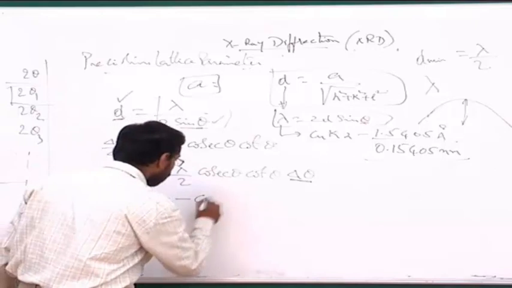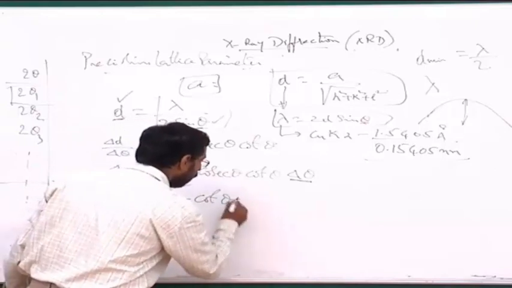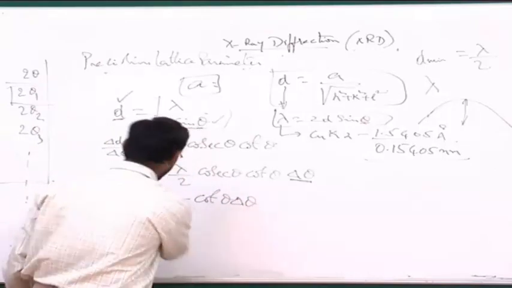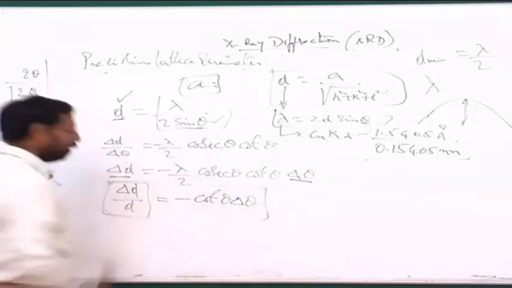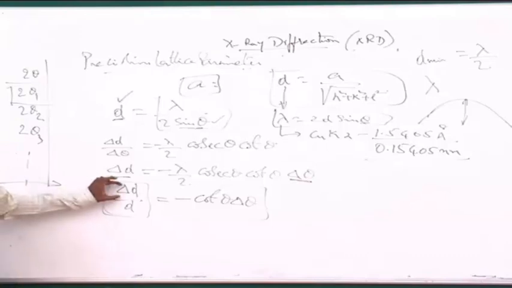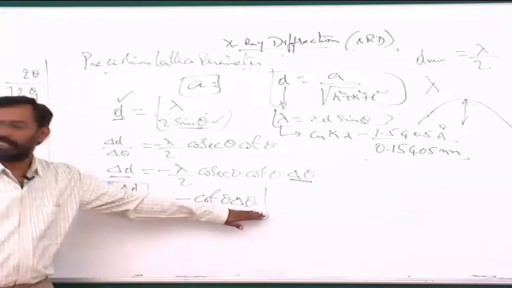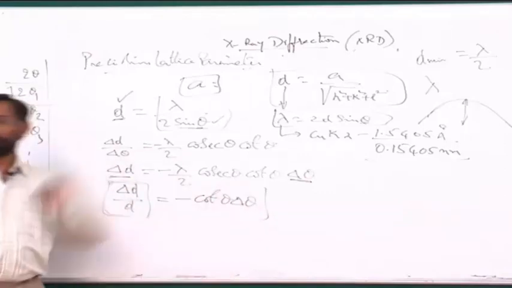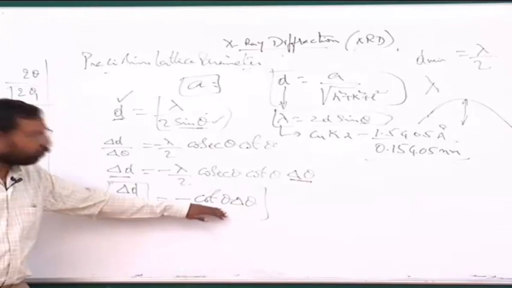You will see it as minus cot theta into delta theta. This is the formula that tells you that the variation in D, or the error in D caused by an error in theta, is related to cot theta.